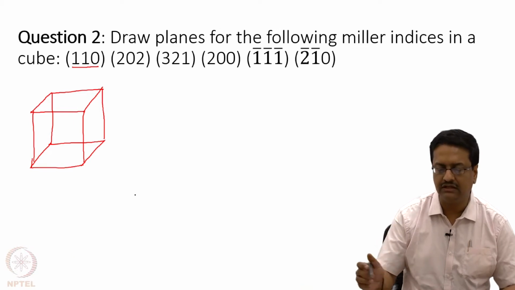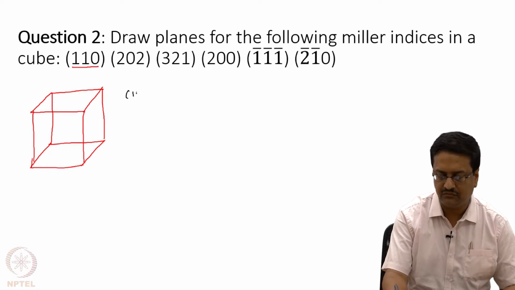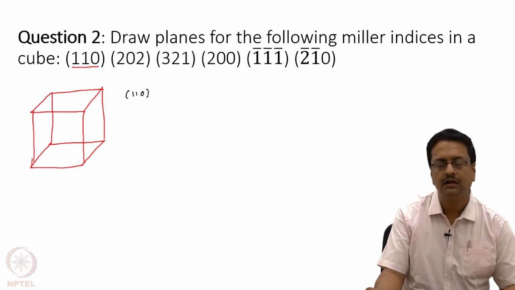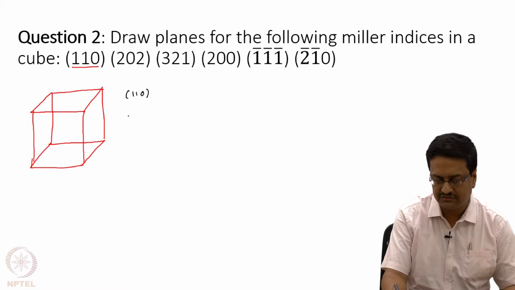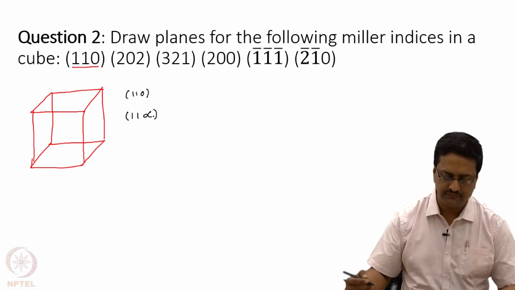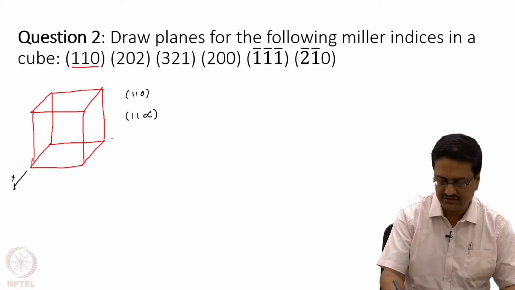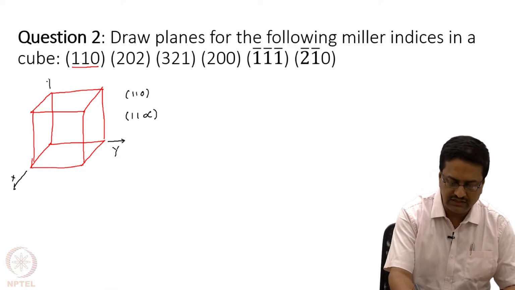And what we note here, when it is 110, that means the intercepts should be 1, 1, infinity, which means this plane is parallel to z.